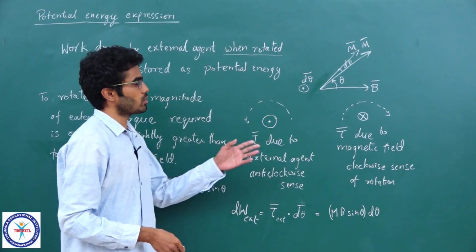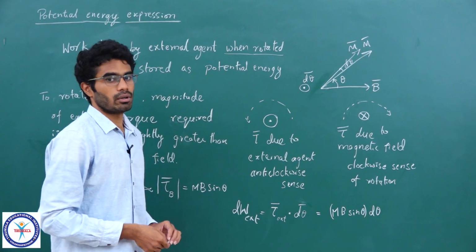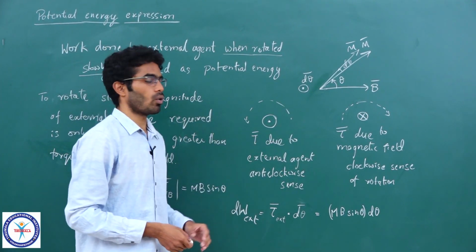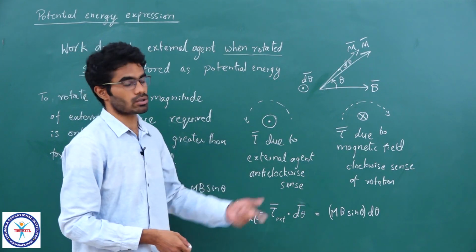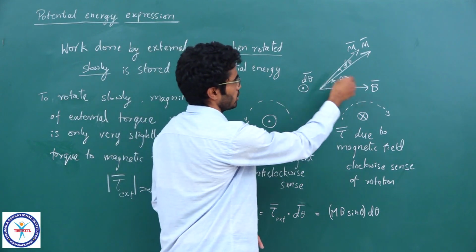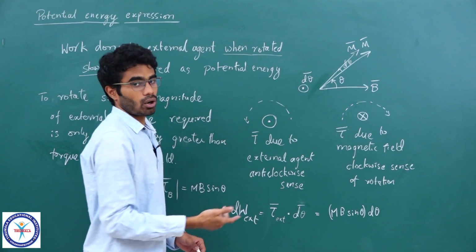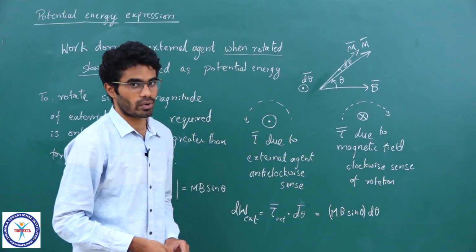Now, because of this torque, the coil has a tendency to rotate clockwise, but if you do not want to make the coil rotate, you will have to apply an external torque which balances this torque. So, the torque here applied by the magnetic field is causing the coil to rotate clockwise.